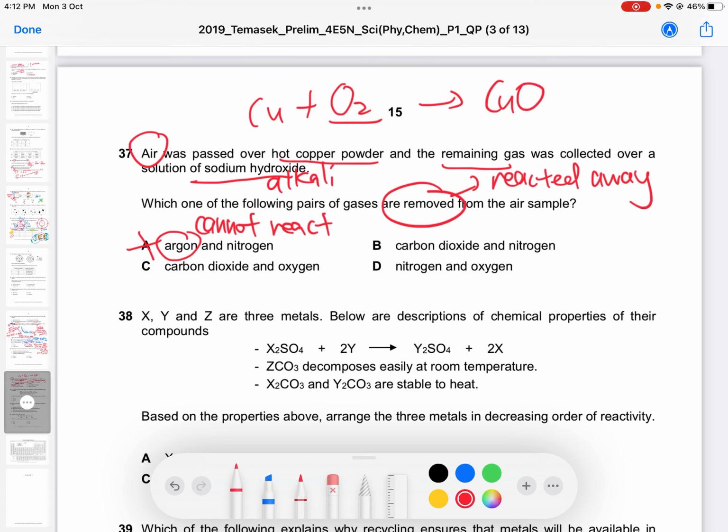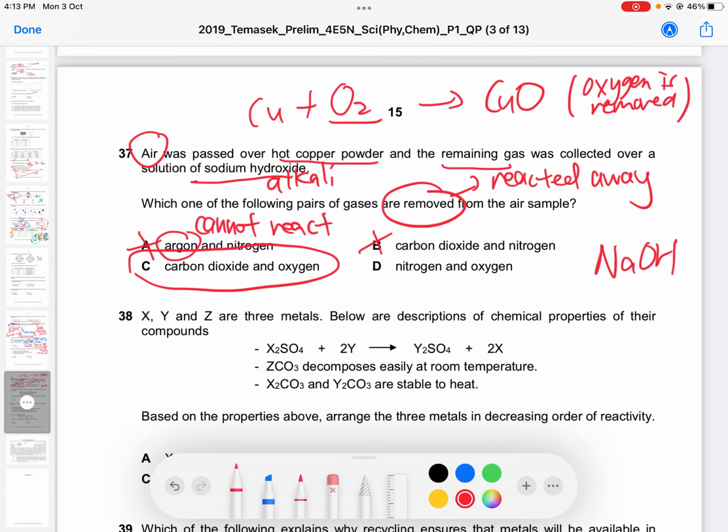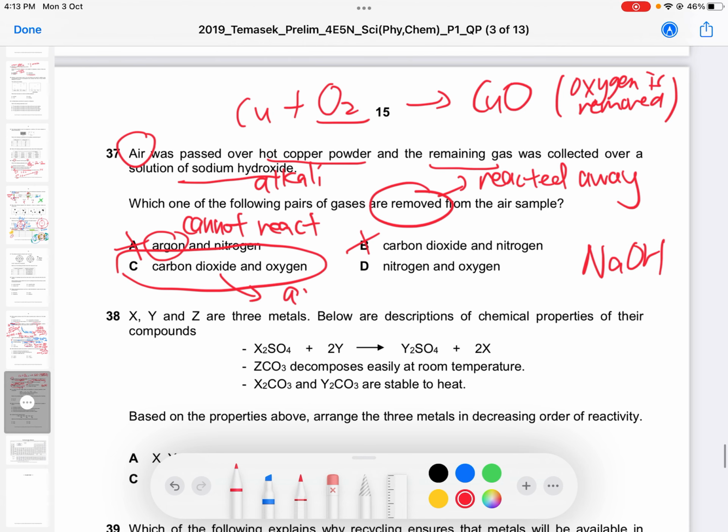So it will react with oxygen to form copper(II) oxide. So the oxygen is removed. Then I'm left with option C and D. So I have NaOH, which is an alkali. Answer is C, because your carbon dioxide is an acidic oxide. So acidic oxide will react with alkali. So that's why answer is C.